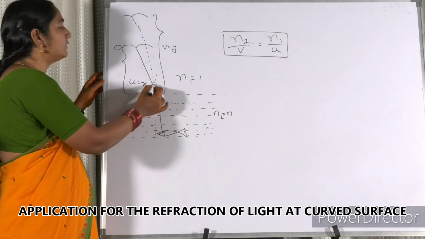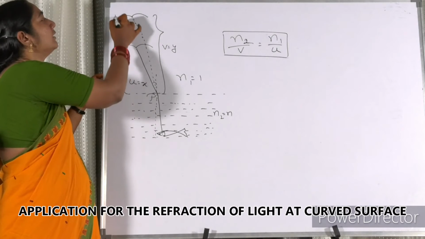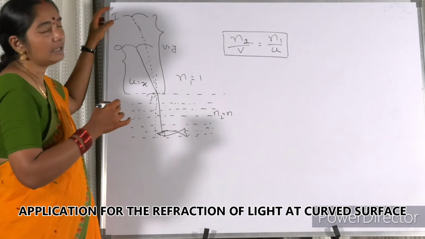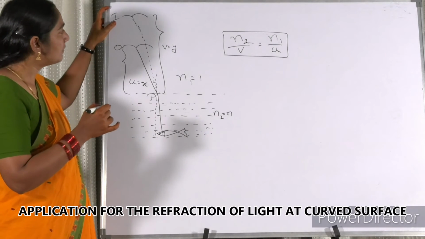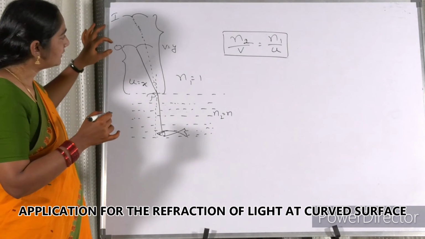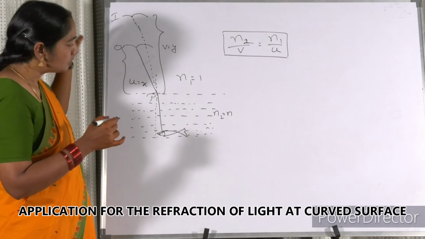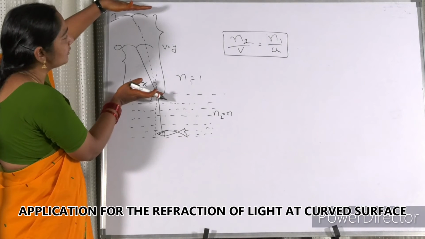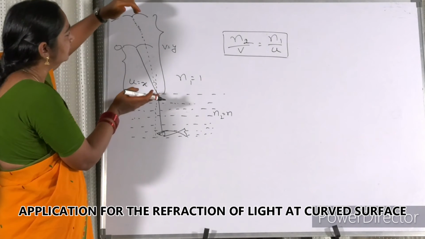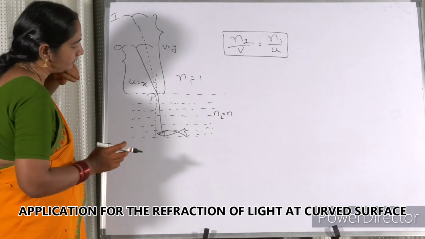So when you extend this ray, it appears as if it is coming from this point. So that is the point of the image. So my dear friends, this is the position of the object and that is the position of the image. The distance between the surface of the water and the image is y. The distance between the surface of the water and the object is x.